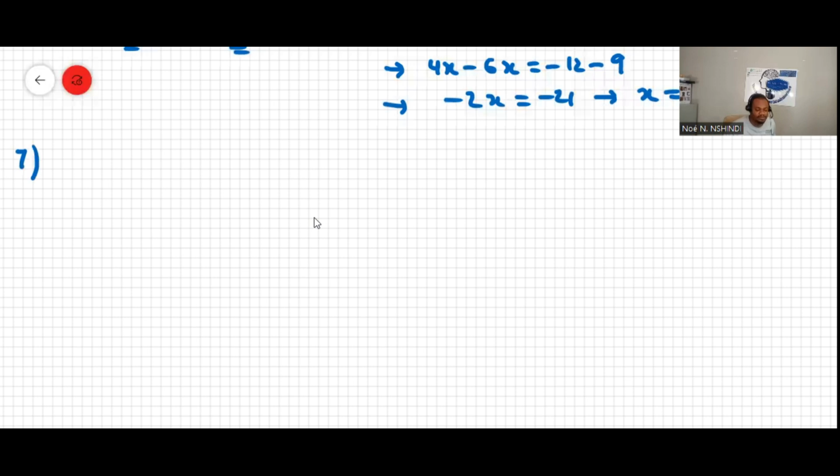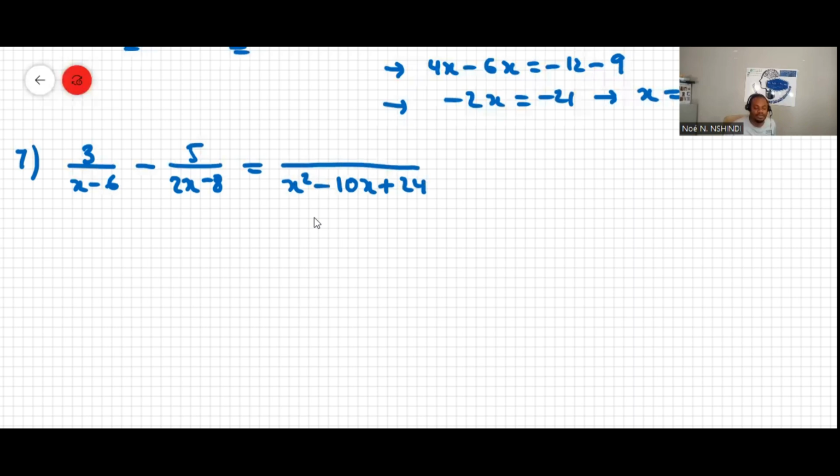Question 7. What does it say? 3 over x minus 6 minus 5 over 2x minus 8 equal to x squared minus 10x plus 24, all under x minus 24. Then what can we do here?